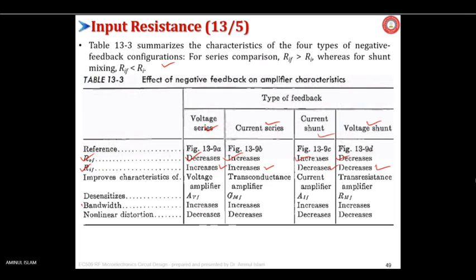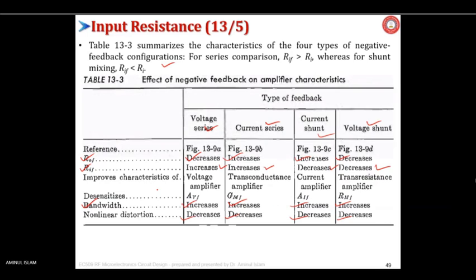Similarly, you can see bandwidth. What happens to the bandwidth? Bandwidth increases in case of voltage series, bandwidth increases in case of current series, and so on. Okay, non-linearity distortion decreases in every case.